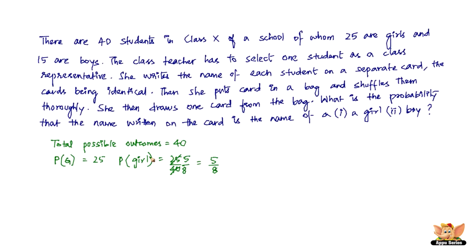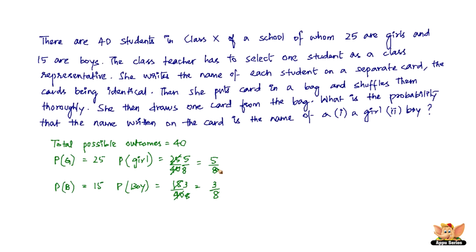Or you can use the favorable outcomes with a boy's name, that is P of B, which is 15, because there are only 15 boys. So the probability of a boy's name coming on a card is exactly 15 by 40, which is 3 by 8. So 1 minus 5 by 8 is also 3 by 8.